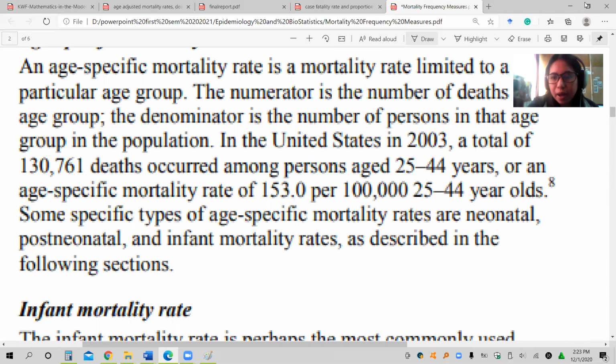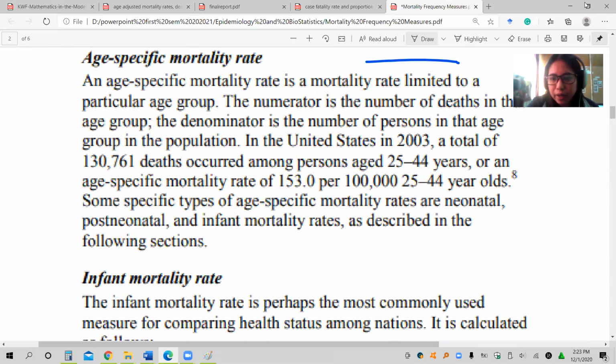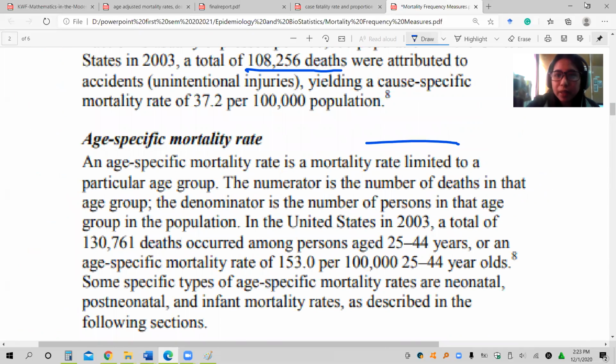So here we have a number that corresponds to 25 to 44 years old. So what will be the denominator? The denominator is the number of persons in that age group in the population. So what will be the numerator? It is the number of deaths in the age group.